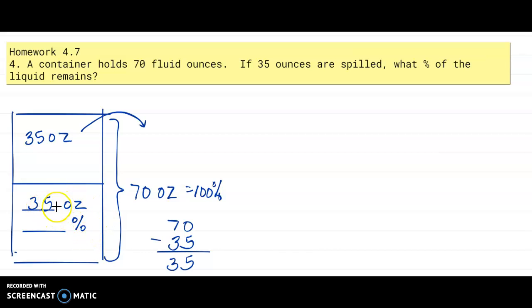We need to know what is 35 ounces equal to as a percent. So if the whole amount is 70 ounces and the part of the amount is 35 ounces, what percent is that equal to? So I'm going to set my proportion up, part over whole. This is 100.